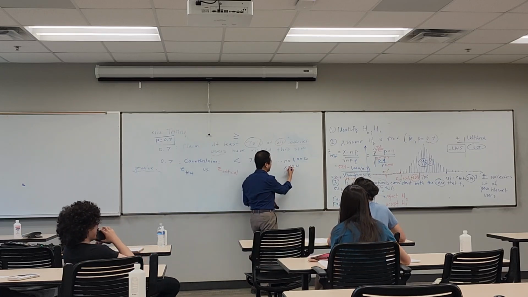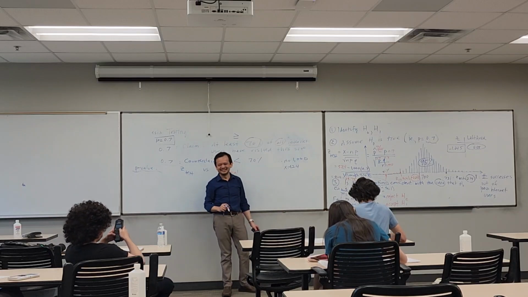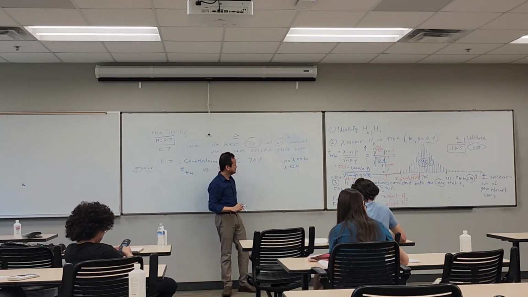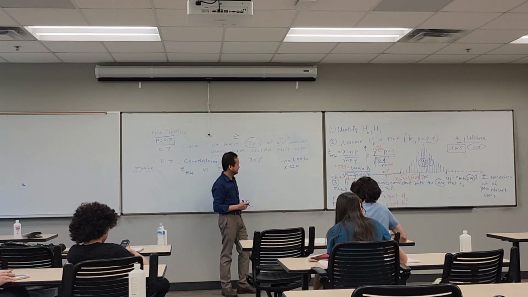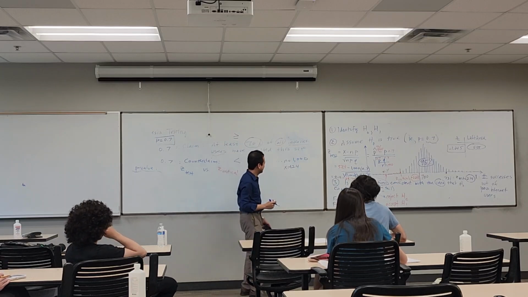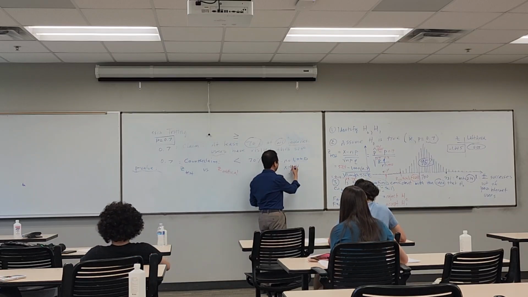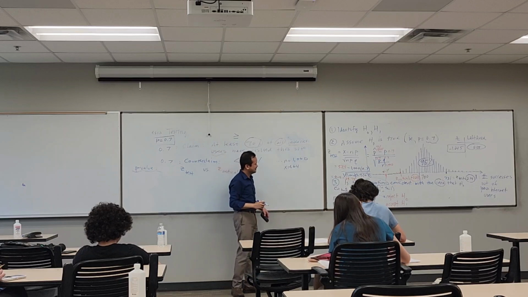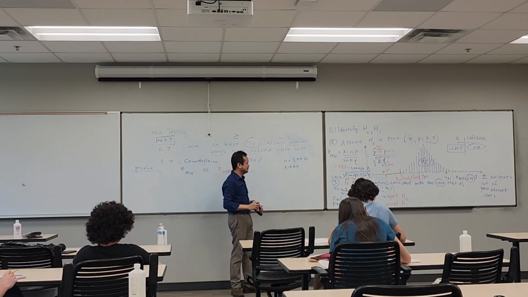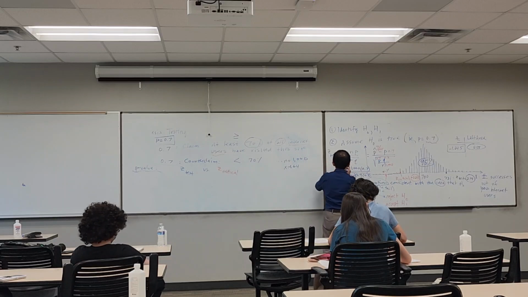Let's use 624. Negative 5.24. Okay. How about 664? Negative 2.48. Okay, like that. Okay, 664.